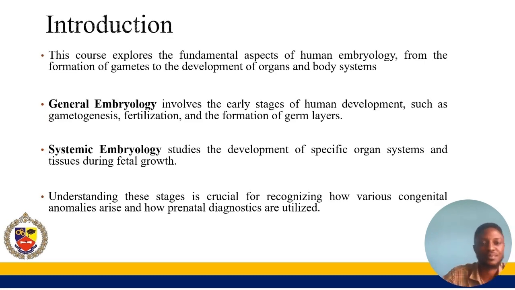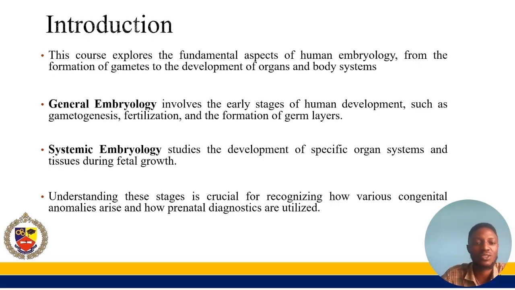So, introduction. In this course, we are going to be exploring the fundamental aspects of human embryology from the formation of the gametes to development of organs and body systems. Here we'll be looking at general embryology and systemic embryology.